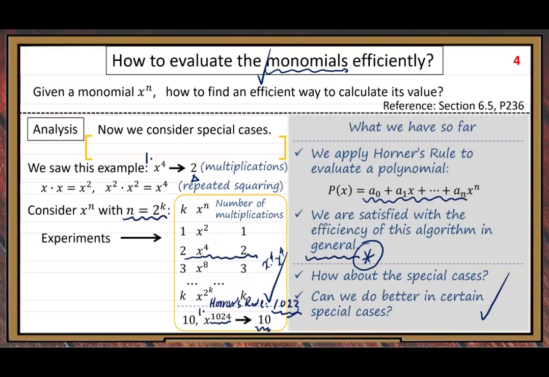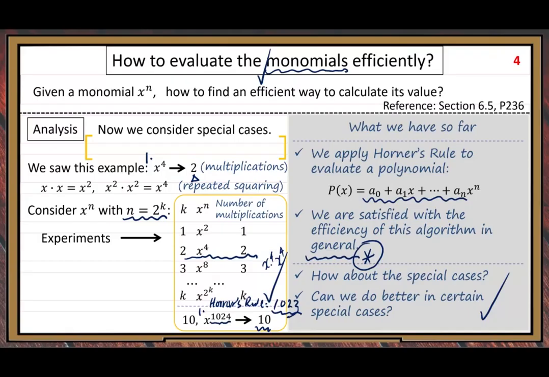So that remainder, 23, is still more than twice the number of multiplications from the repeated squaring technique. So you can see the difference is so big.